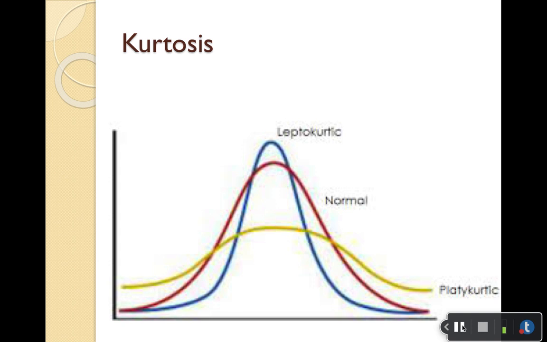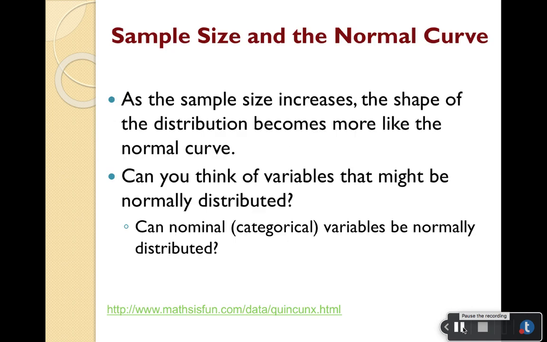The scores are going to be really tightly clustered around the mean. So both skew and kurtosis are things we want to be aware of because, again, that underlying assumption of our statistical tests is that we have normal or appropriate levels of both skew and kurtosis, meaning that our data roughly mirror that normal curve shape.